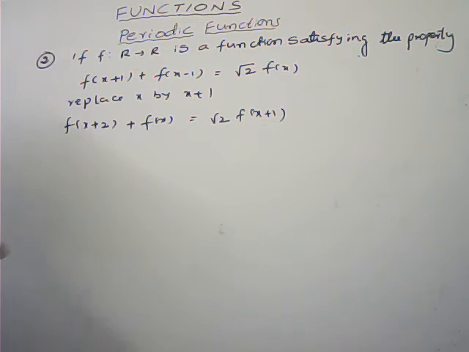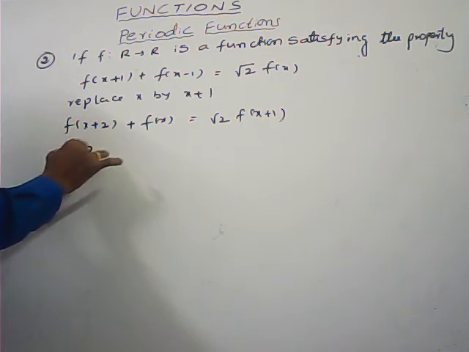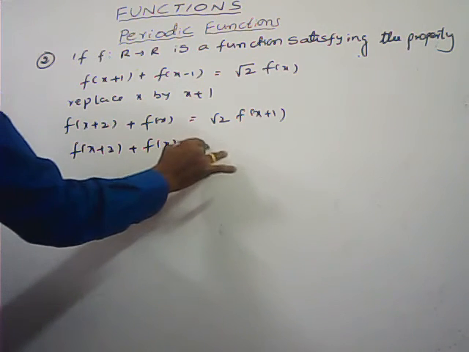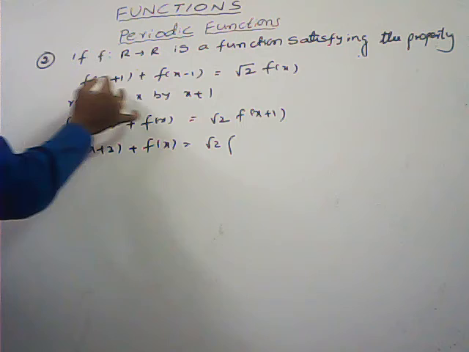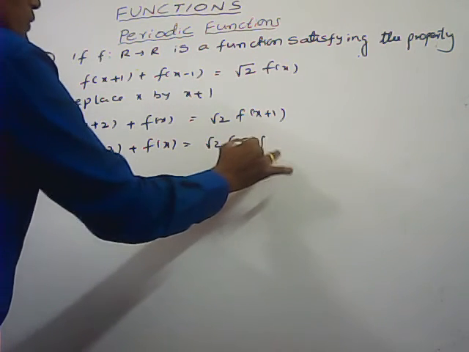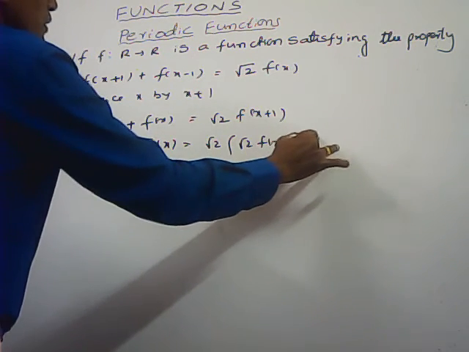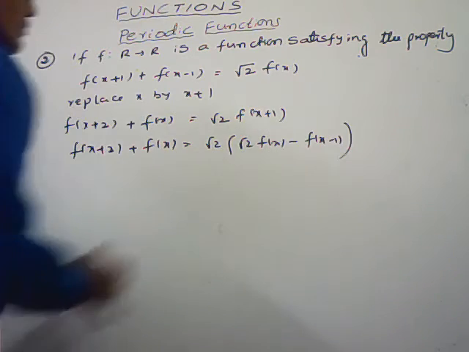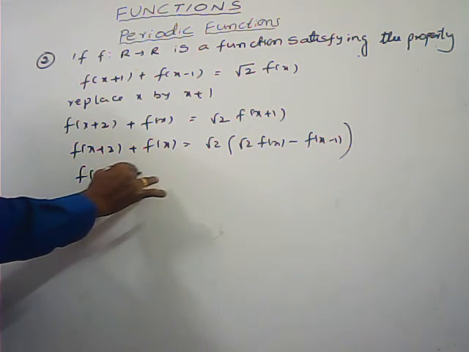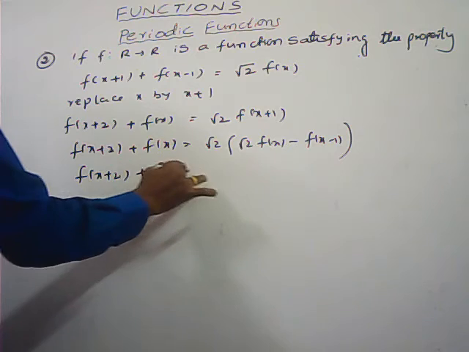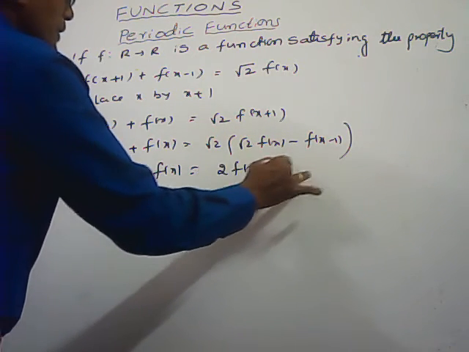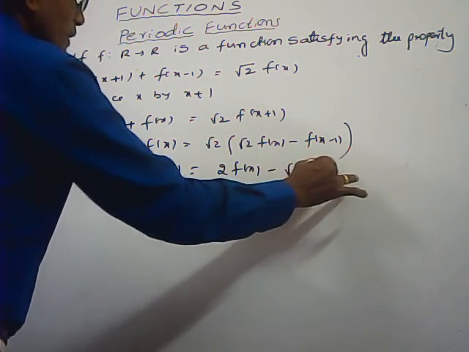Now here you can see f of x plus 2. Now here we have to simplify this one. Root 2 into, what is f of x plus 1? That is root 2 into f of x minus f of x minus 1. Now f of x plus 2 plus f of x, that is equal to 2 into f of x minus root 2 into f of x minus 1.